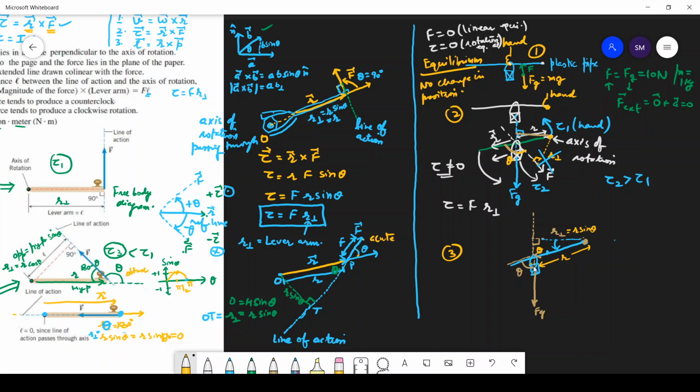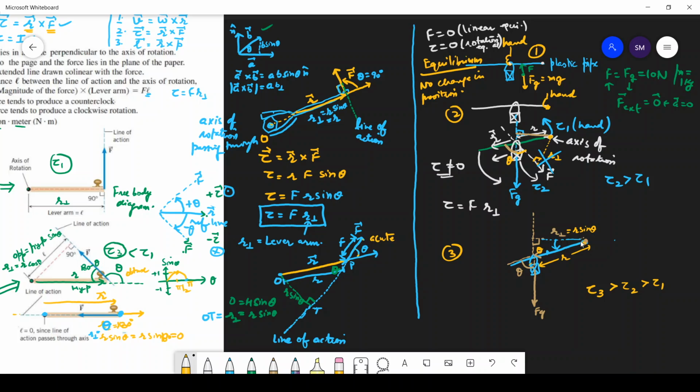So Karthik, can you see that this torque is increasing? This is suppose tau 3. So tau 3 is greater than tau 1, which is greater than tau 2. Yes, Karthik? Yes, sir. So my hand needs to apply more torque here that I cannot apply.